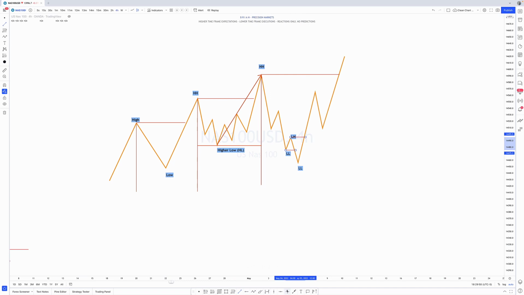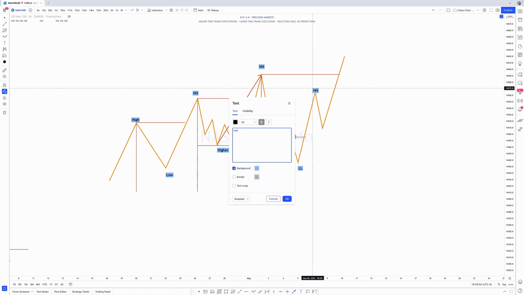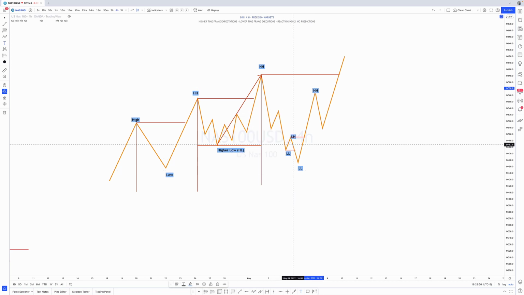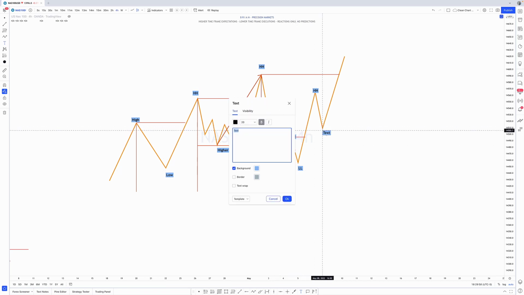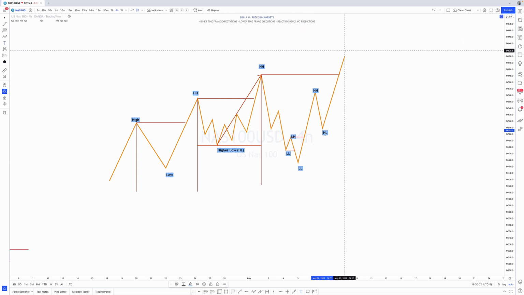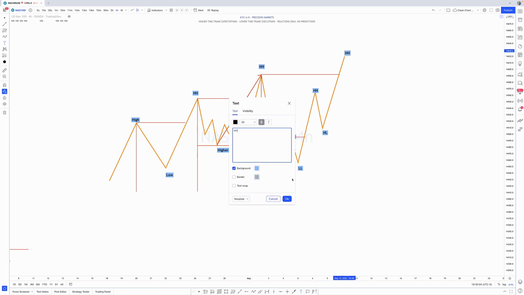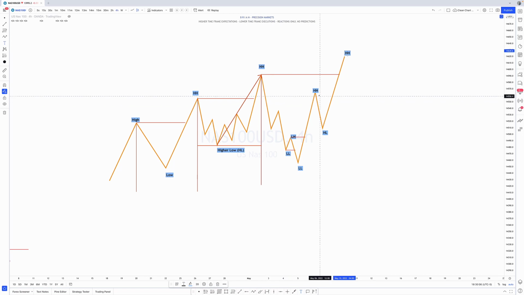So now what we end up having here is our higher high because it's higher than the last low. This is going to be a higher low. And ultimately, this will be a higher high because it broke through this higher high right here.